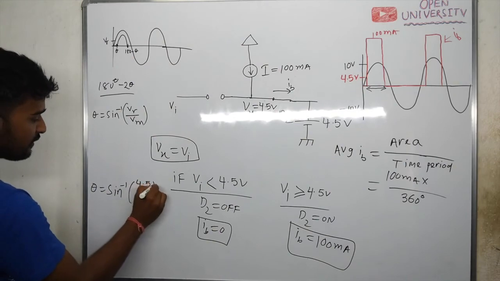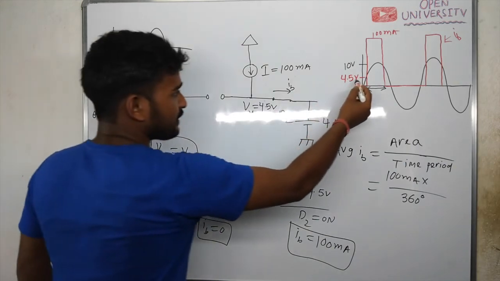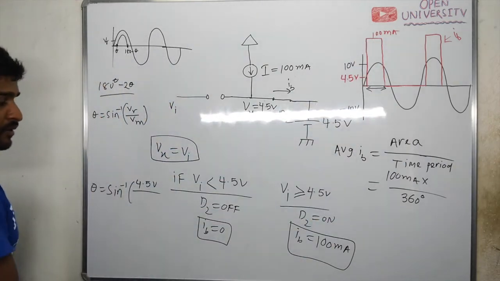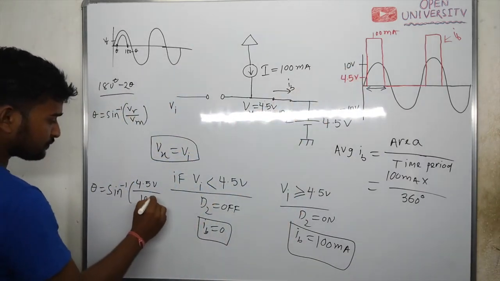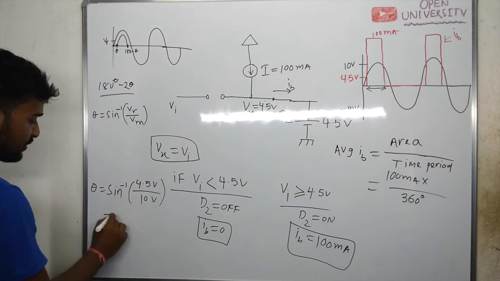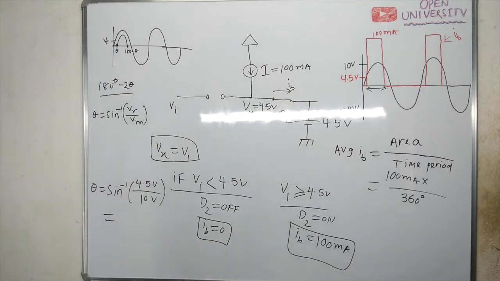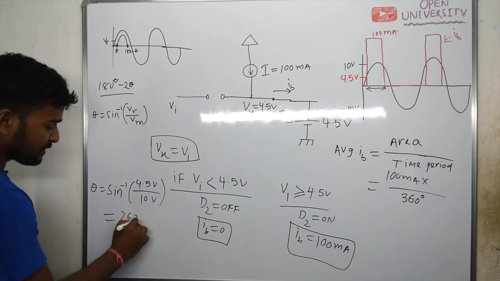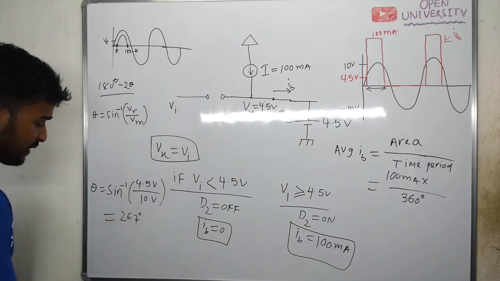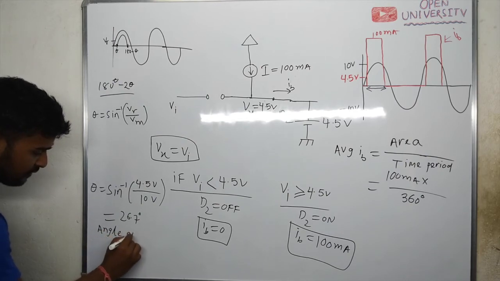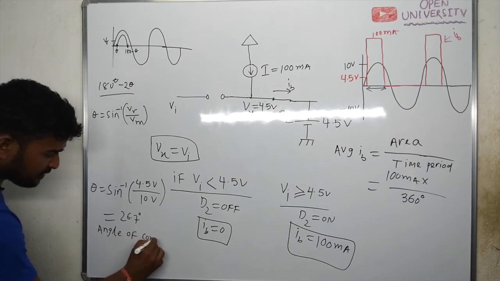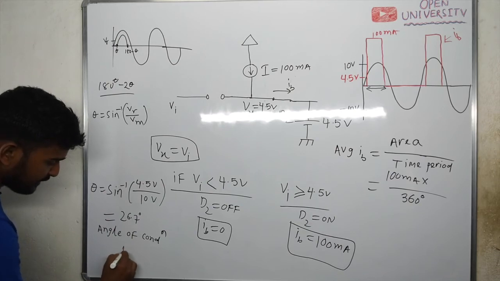The diode will conduct only when input voltage is greater than 4.5 volt. What is the peak input value? That is 10 volt. If you calculate this theta value, it will be 26.7 degree. Then what is the angle of conduction? 180 degree minus 2 theta.